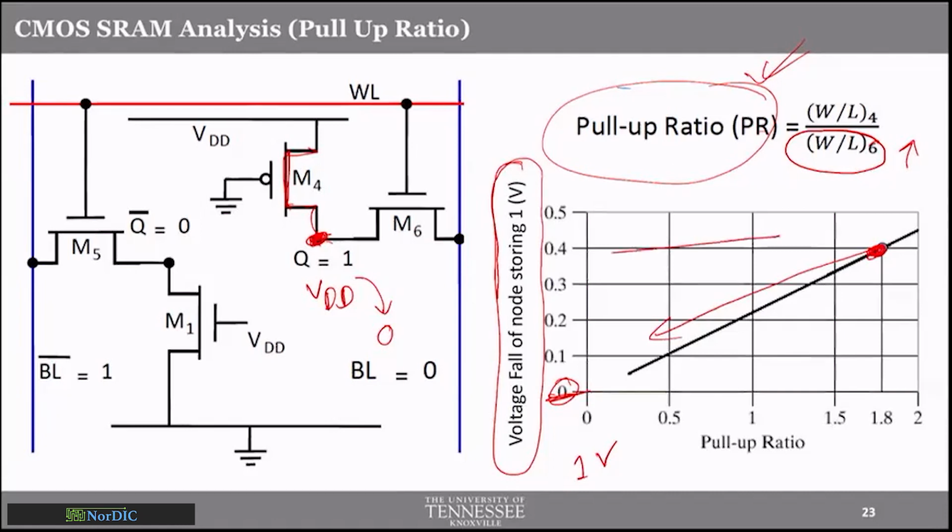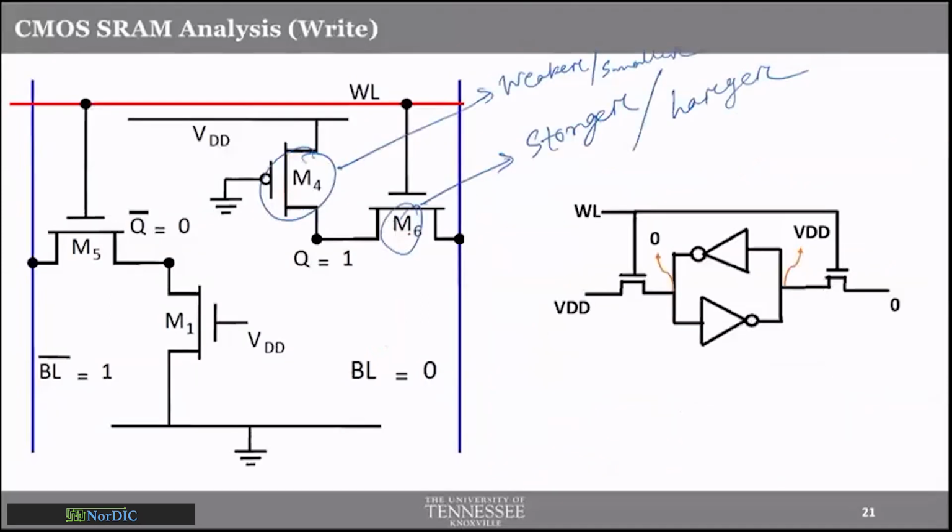So you prefer going to the left, remember. And as you go left, your pull-up ratio reduces, as you see. And how to reduce the pull-up ratio? By sizing up the M6 transistor. And as I told you before, it is easier to see just based on this understanding that M4 and M6 will fight with each other.